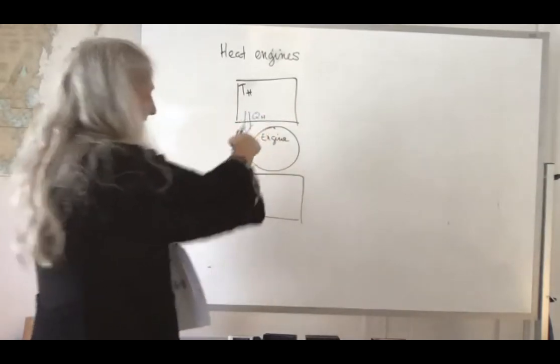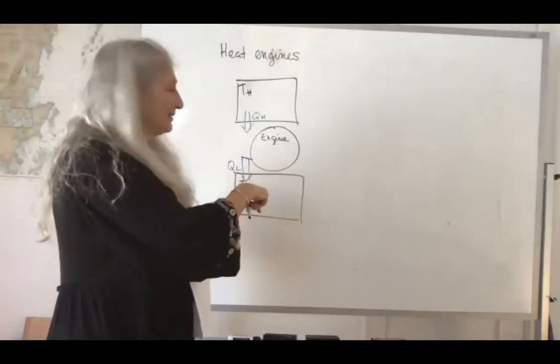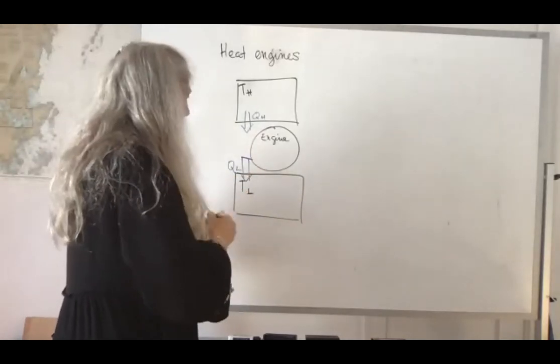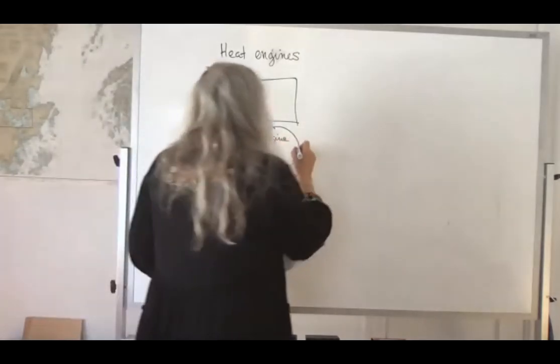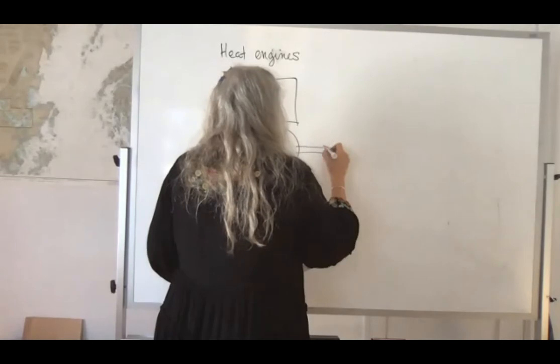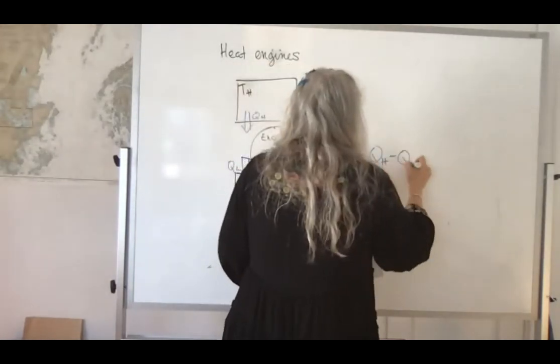So my engine, I'm going to take heat from the hot reservoir, I'm going to dump it in the cold reservoir, and as part of that, the whole change in heat is going to give me work. And so out comes a work W equal to QH minus QL.